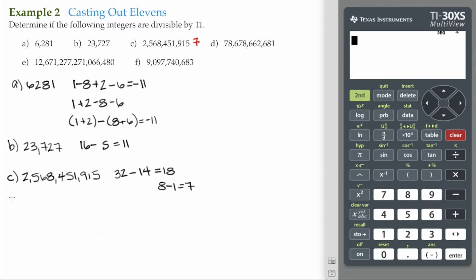Let's try D. 78 billion, 678 million, 662,681. Again, starting at the rightmost digit and counting backwards every other number. 1 plus 6 is 7, plus 6 is 13, plus 8 is 21, plus 6 is 27, plus 7 is 34.